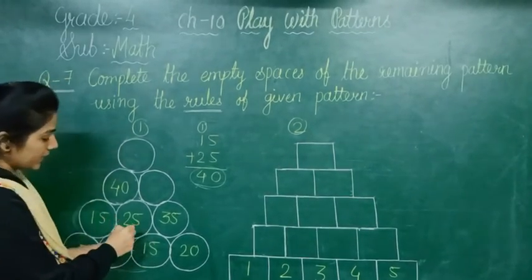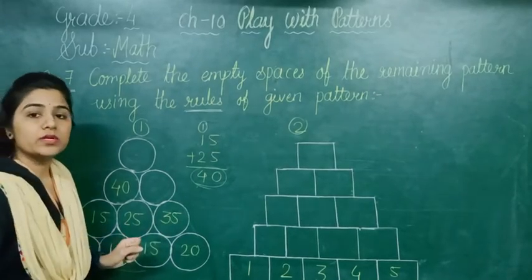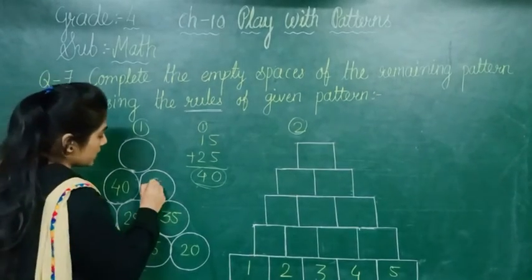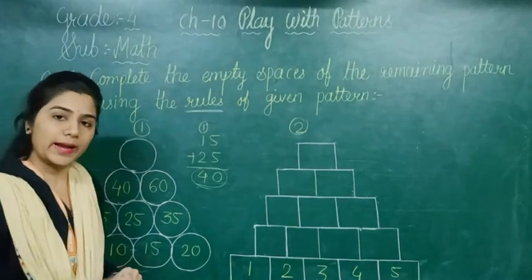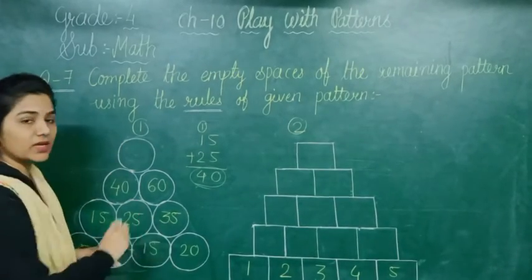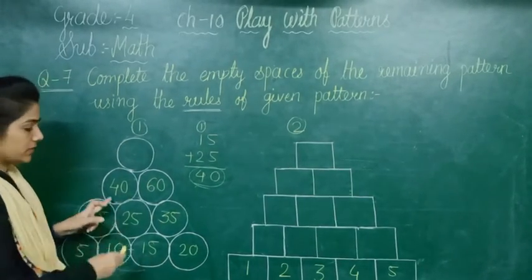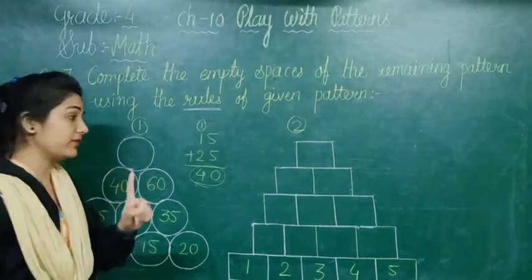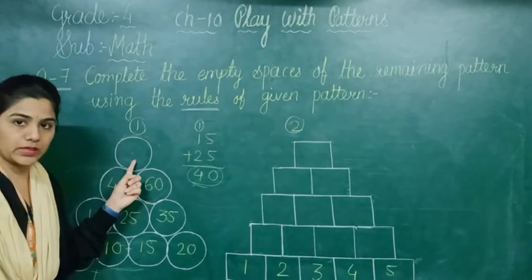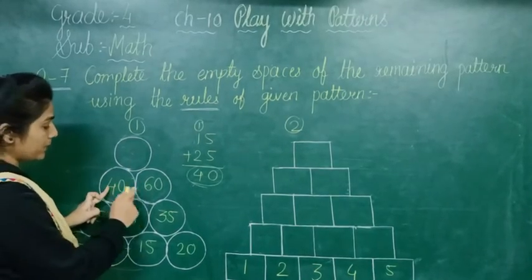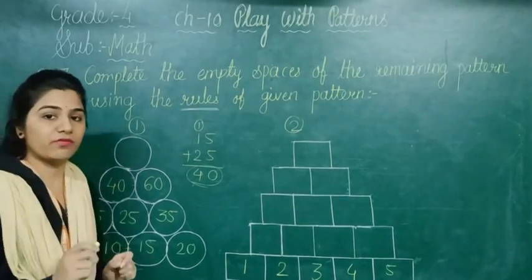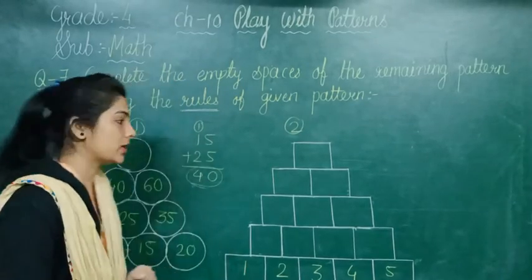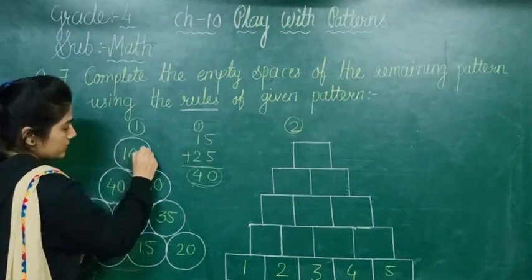Same way, 25 plus 35, the answer will be 60 if you make the addition. Now we have 40 and 60 and only one circle is remaining. So 40 plus 60, when we add, the answer will be 100.